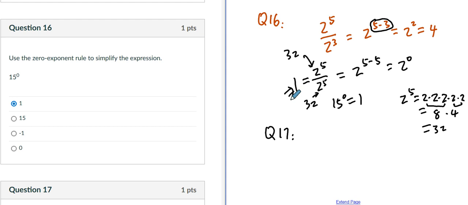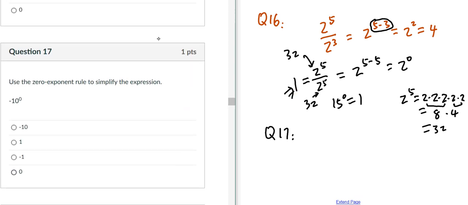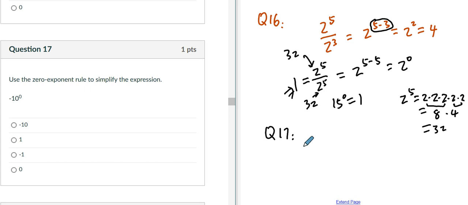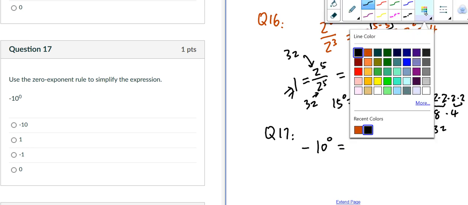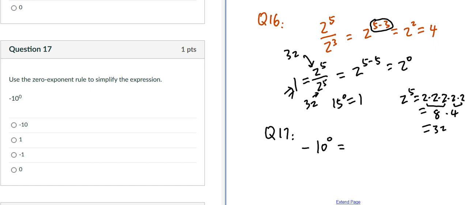So, 17 is negative 10 to the 0. Be careful here. Negative is not in the parentheses. So you want to calculate this value first.